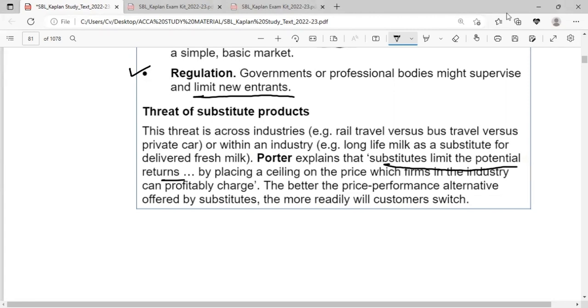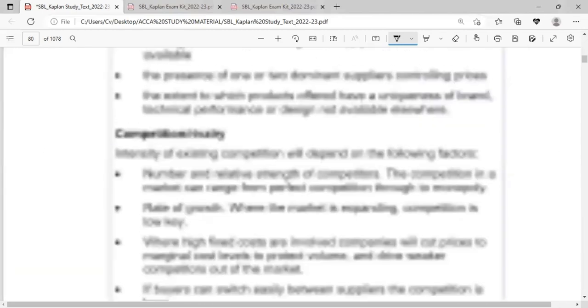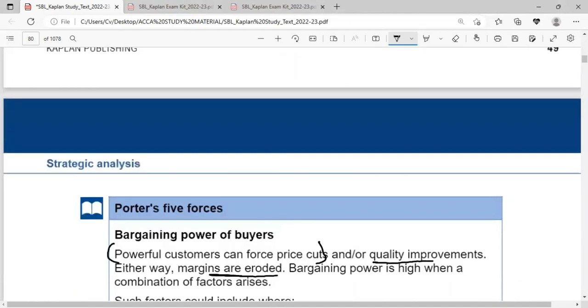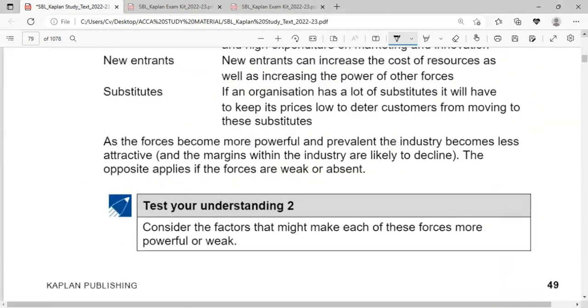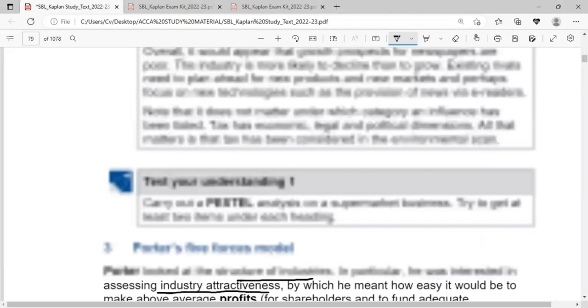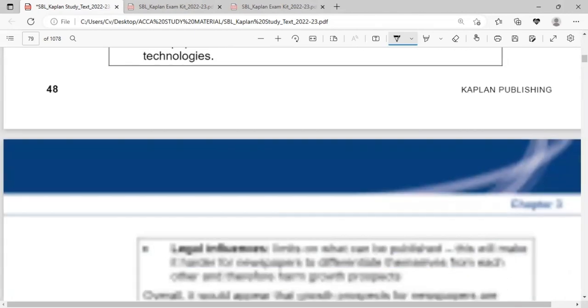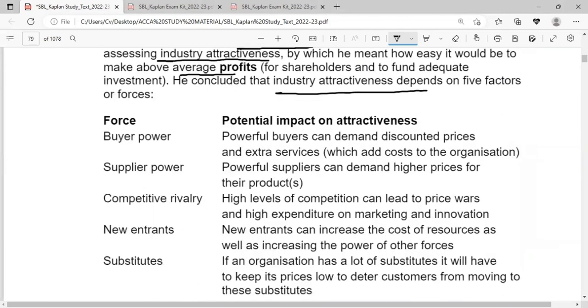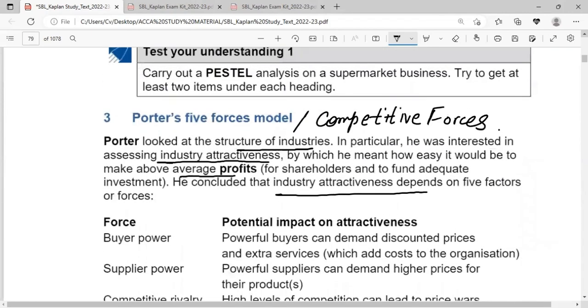So once again, remember these five forces. If a company is planning to invest in a new country, in a new industry, in a new product, before entering a new country, the company should perform PESTEL. The company should evaluate political, economic, social, technological, ecological, and legal factors.